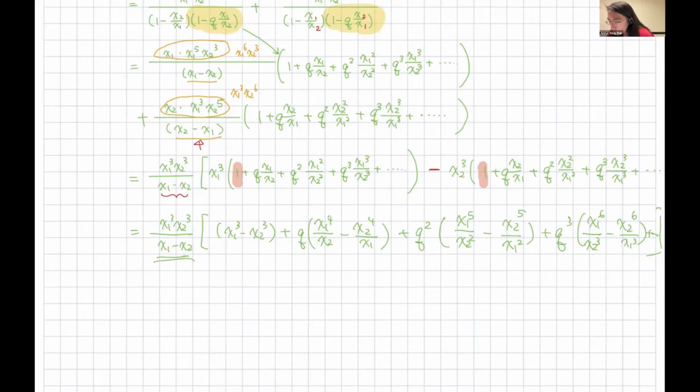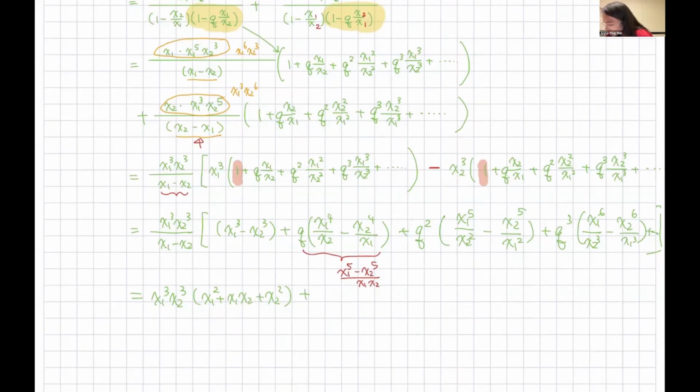Okay, so what do I mean here? The first term, of course, is divisible by x1 cubed minus x2 cubed. So you have x1 cubed x2 cubed times the first guy, which is x1 squared plus x1 x2 plus x2 squared, right? And then the next one, what is this? This one is x1 to the fifth minus x2 to the fifth over x1 x2, so you can cancel them very nicely.